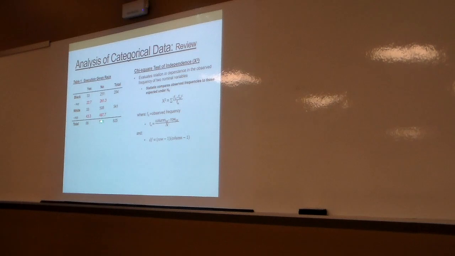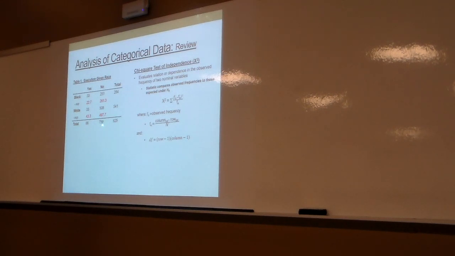If I take 66 and I multiply it by 284 and I divide it by 825, what do I get? 22.72. If there were no relation between these two variables, this is the count or the frequency that I would expect for this cell, right?